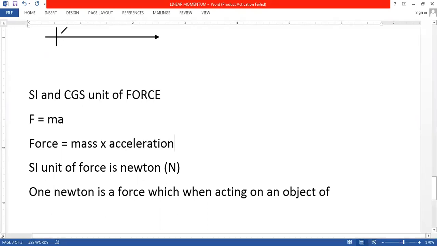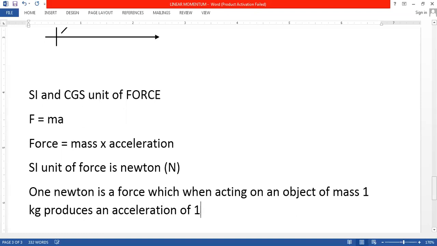So 1 Newton, the SI unit of force, is a force which, when acting on an object of mass 1 kg, produces an acceleration of 1 meter per second square. This is how we define 1 Newton.